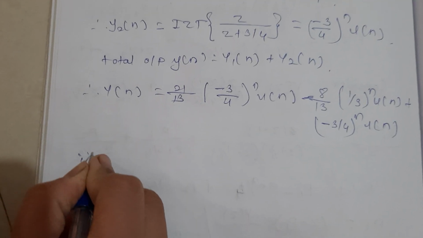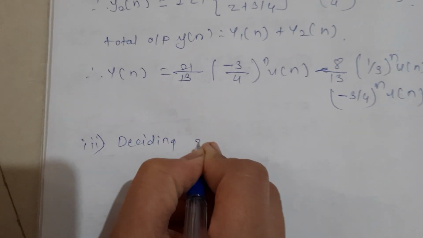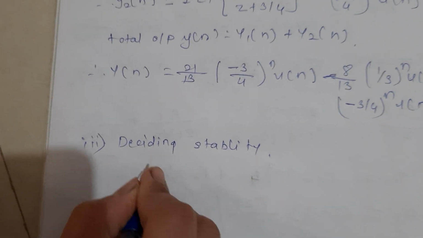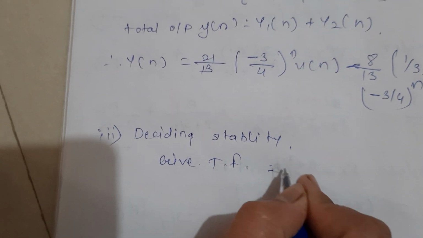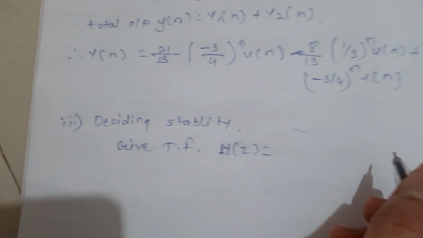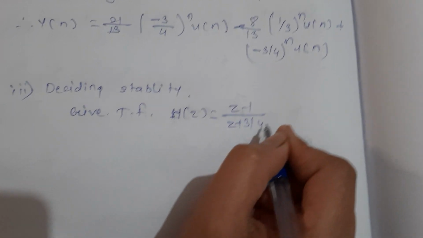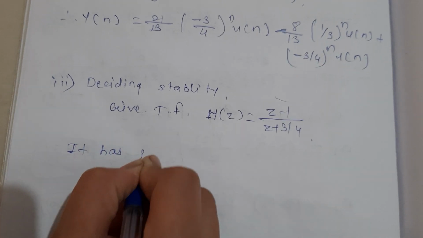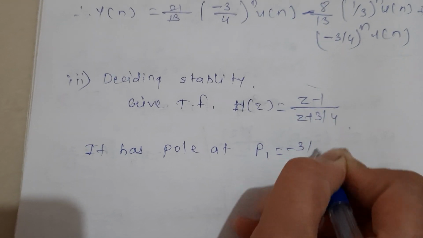Third part is deciding the stability of the system given the transfer function. So it has a pole at p1 equal to minus 3 by 4.